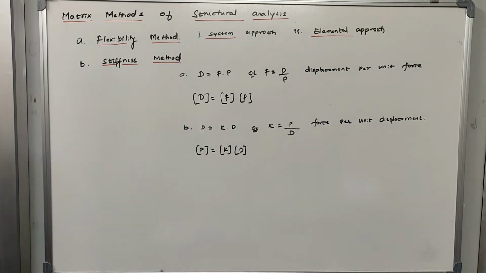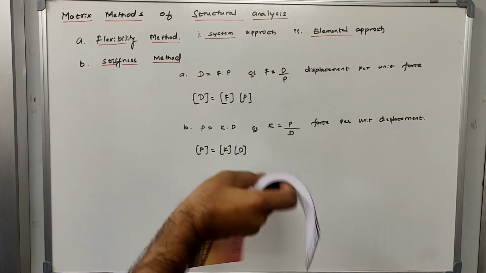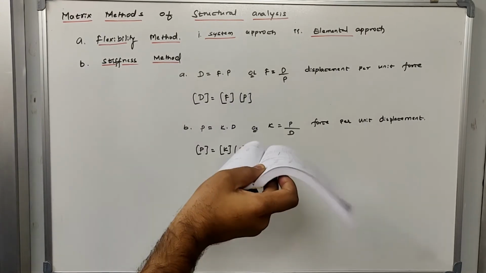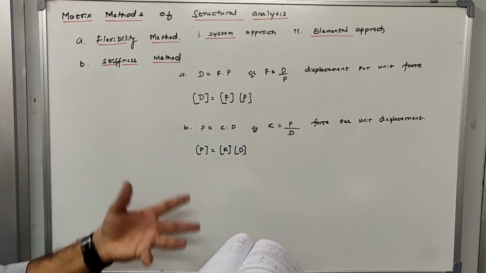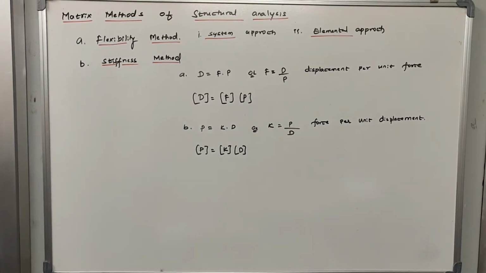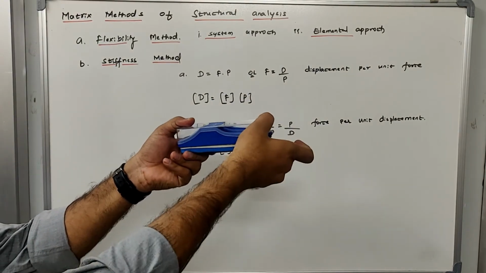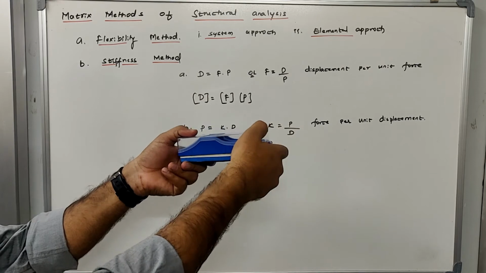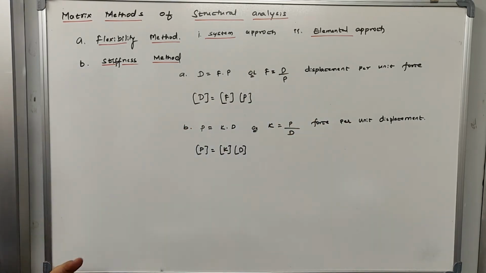If this textbook is there, this is more flexible, as you can see. So flexibility describes how displacement will take place with minimal application of force. Stiffness represents that if I apply a huge amount of force but it still doesn't deform, doesn't change its original state, then we call it stiff.